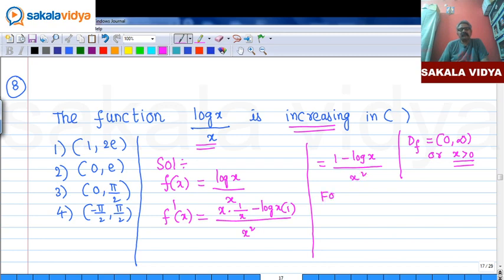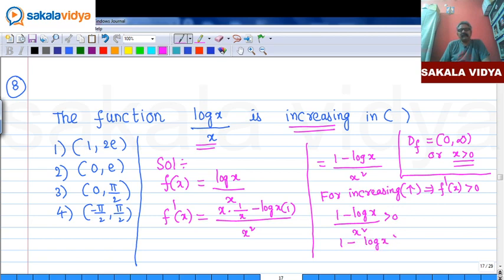For increasing, f dash x must be greater than 0. So, that means 1 minus log x upon x square is greater than 0. Here see the condition, x does not equal 0, that means x square can never be 0, so cross multiply. So, 1 minus log x is greater than 0.